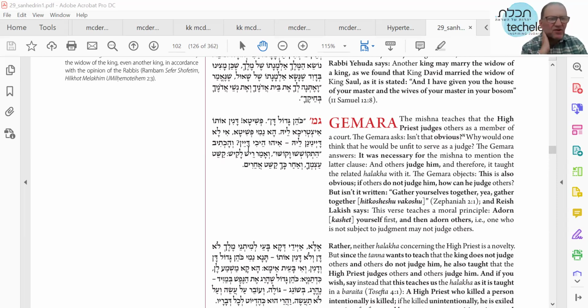And then we went off at a tangent talking about women's mitzvot. Remember that? So the Gemarah says, well, it's obvious. If you're telling me it's obvious he can judge, then it's obvious that he can be judged, because if he couldn't be judged, he wouldn't be allowed to be a judge for the reason we've just said. So that's a poor answer, says this Amorai.